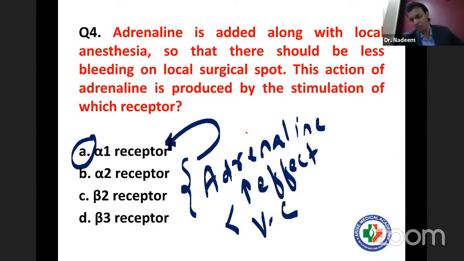See, just now I have told you that adrenaline is going to cause vasoconstriction. Now suppose I am going to operate over the tip of the index finger or the tip of the middle finger. At this part, I am going to use adrenaline along with local anesthesia.